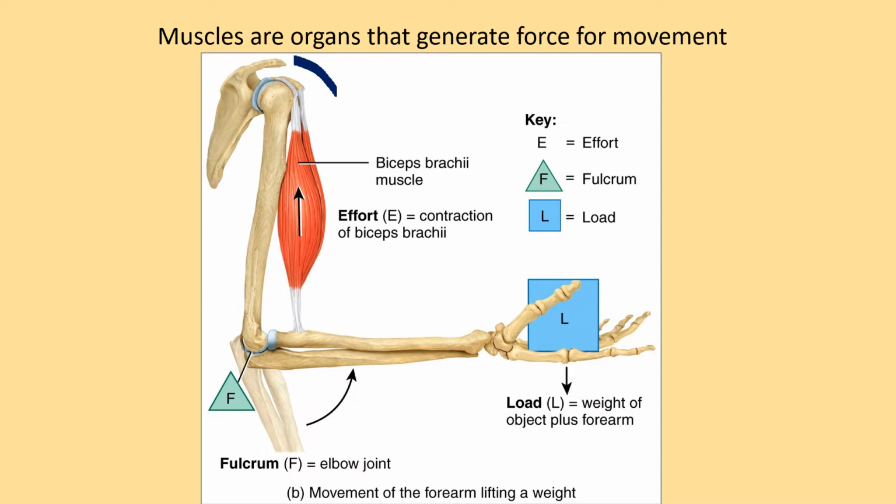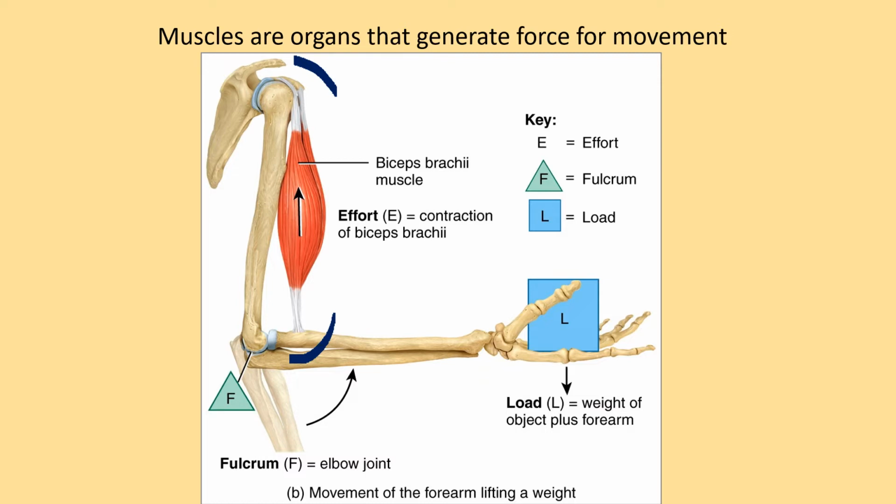Your biceps brachii is attached to your scapula, your shoulder blade, in 2 places. Those are called the origins. And then if we follow that muscle down, we see another tendon down here attaching the biceps brachii to your radius. And that point of attachment is called the insertion.